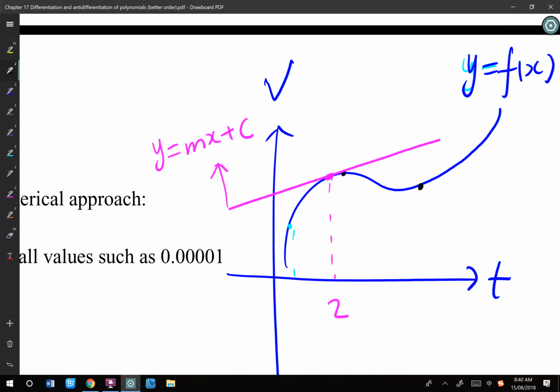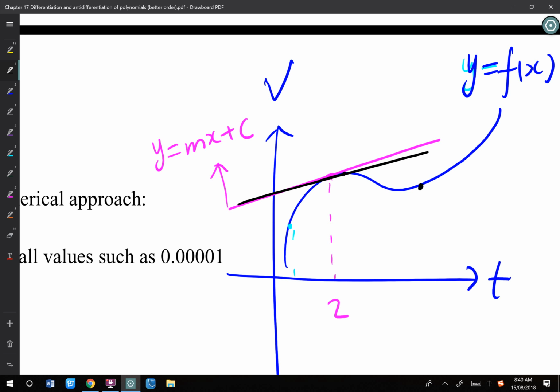How close? I can choose 2.001. I can choose 2.00001. I can substitute the x value into the function to find the y value. Then I know the x and y values for those 2 points, and I can find the gradient of this black line.